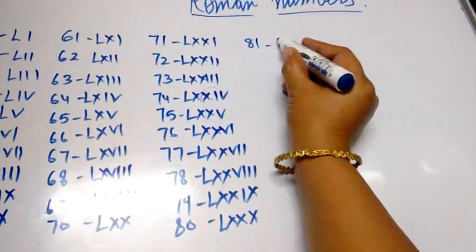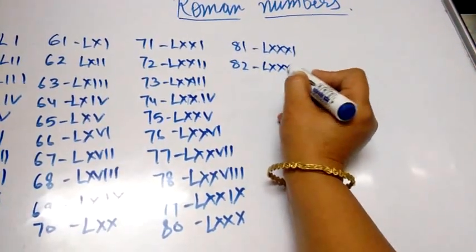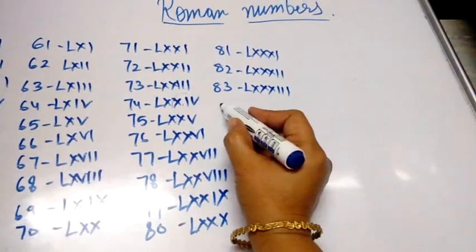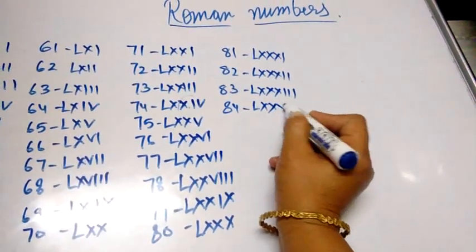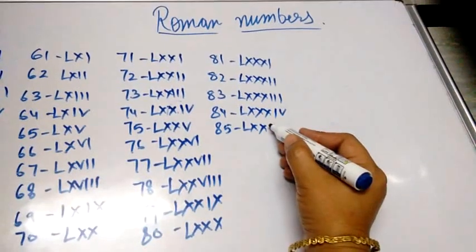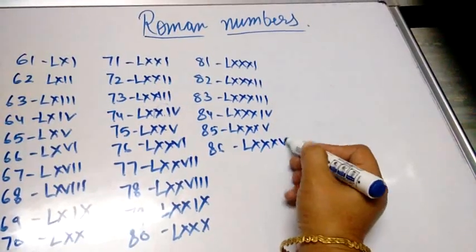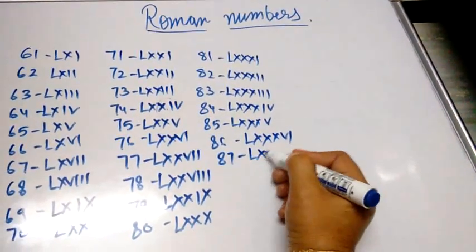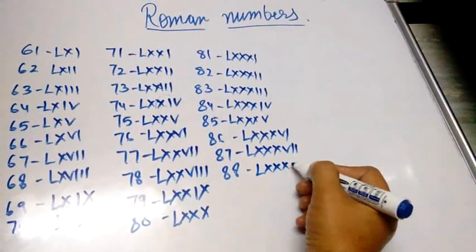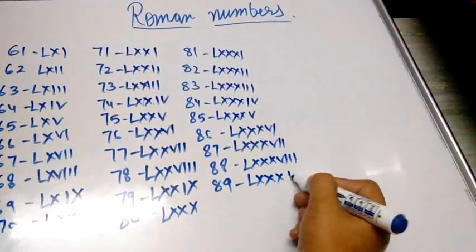Now 81, LXXX1, 82, LXXX2, 83, LXXX3, 84, LXXX and 4, 85, LXXX and 5, 86, LXXX and 6, 87, LXXX and 7, 88, LXXX and 8, 89, that is LXXX and 9.